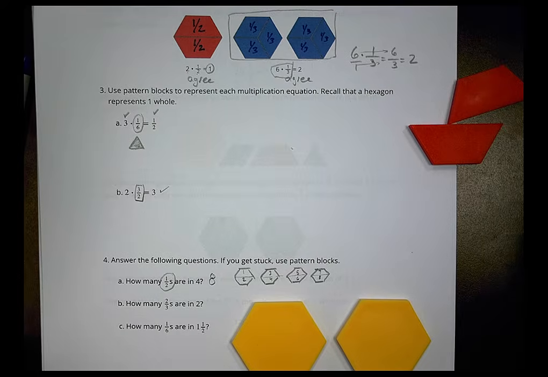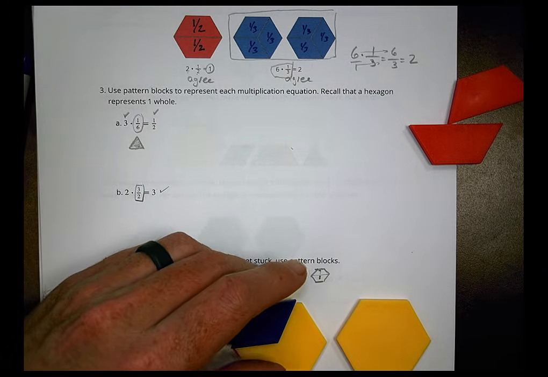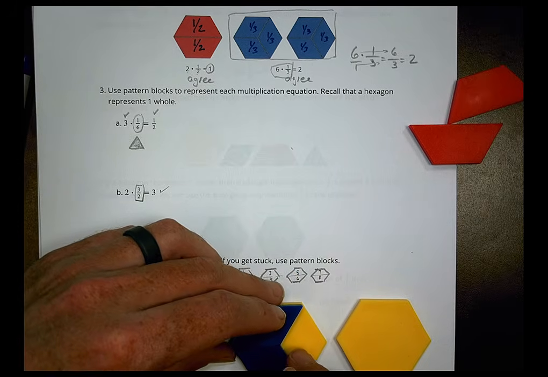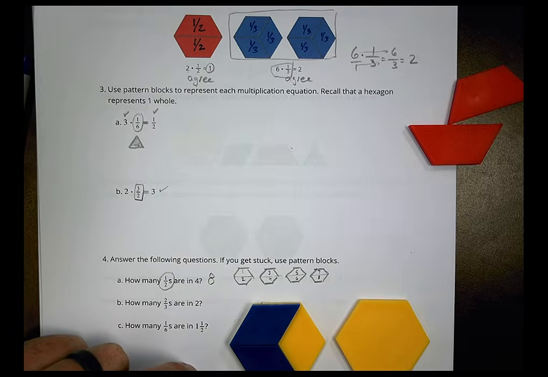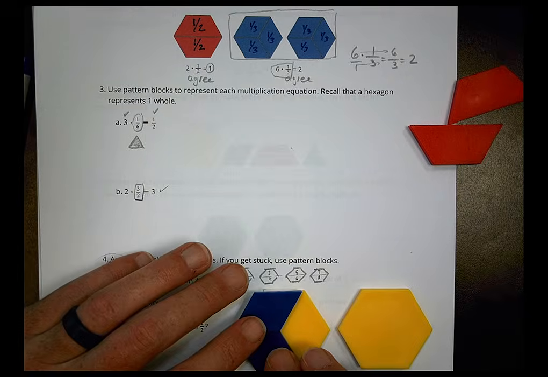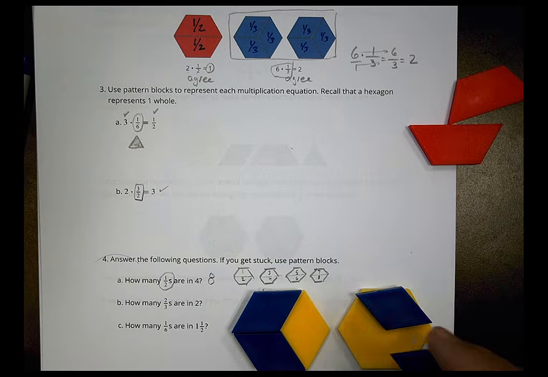Well, in this case we take a rhombus and a rhombus, and 2/3 of that is filled in, right? So the question would be, how many times can I put 2 rhombuses in this whole and have it work out? Well, I know I could do it on that one time.